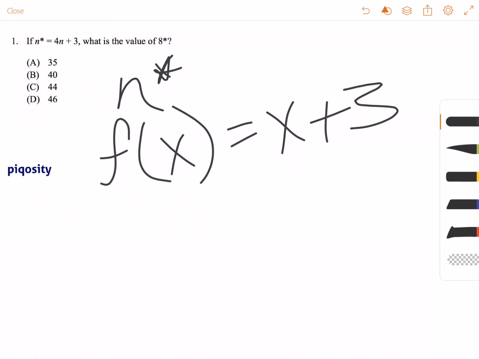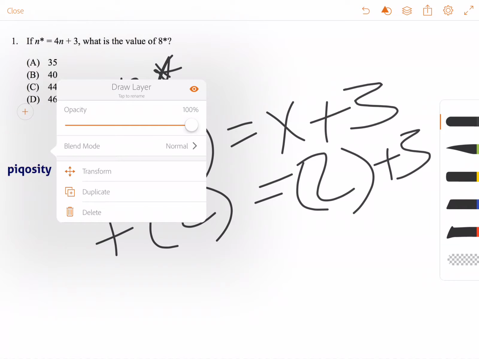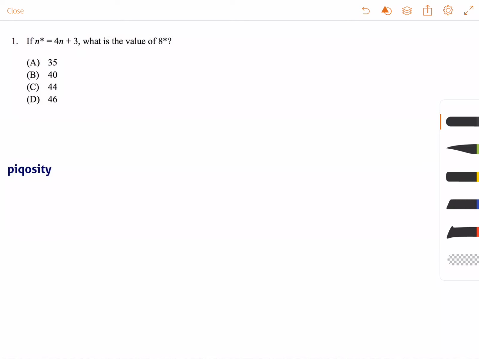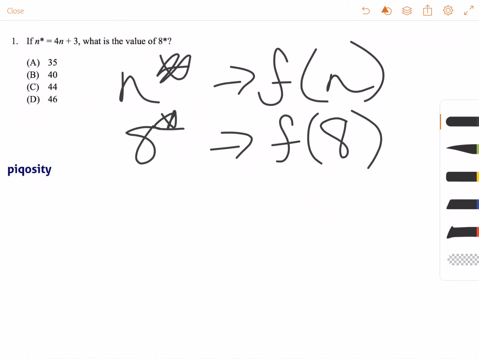So if we were to say that our input for this equation was 2, f of 2 equals 2 plus 3, and so on. So here we could rewrite this n asterisk as f of n, and the 8 asterisk as f of 8.